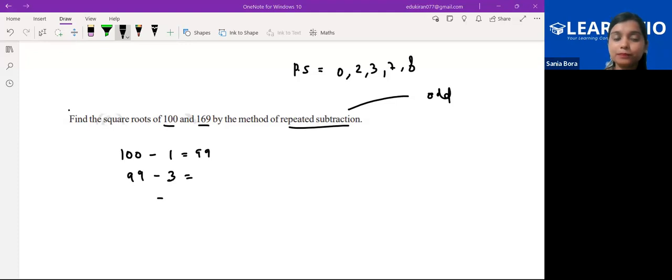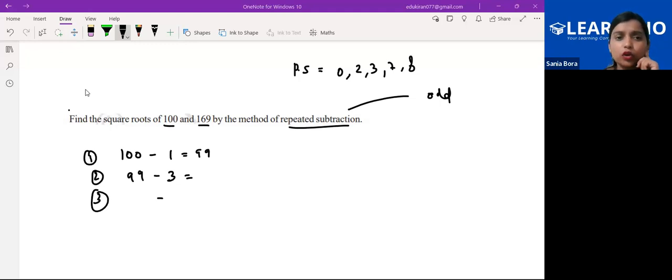You have to just show the steps till you get 0. Then I'll tell you what it is basically. And do one thing, just write here 1, 2. Question: what if, when I subtract the last odd number, I get a negative answer?